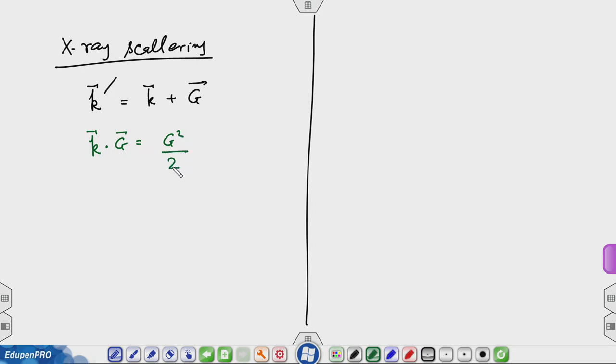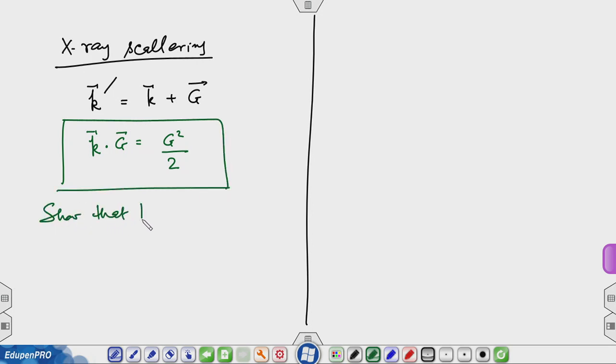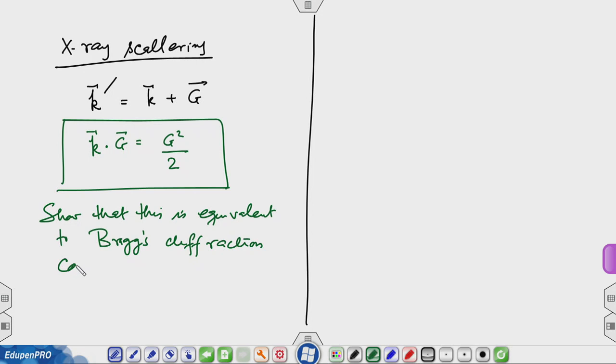So, first thing we want to do is show that this is equivalent to Bragg's diffraction condition.